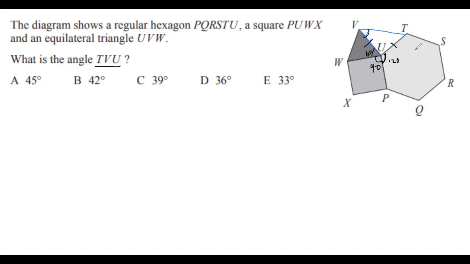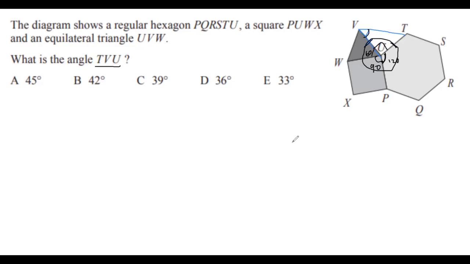So what does this mean angle TUV is? 90 degrees. That's right. Since we're given the other angles are 120, 90, and 60, the last angle must make it so that all four angles add to 360 degrees, since these four angles form a complete circle, and a circle is 360 degrees.